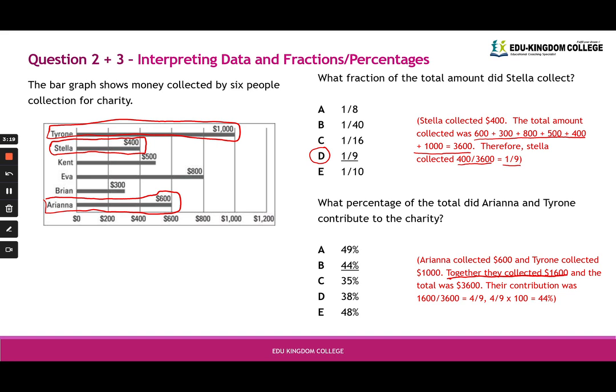With the previous question, we calculated that the total was 3,600. So we do 1,600 divided by 3,600, which gives us 4/9. And 4/9 is 0.44 repeating. We multiply that by 100 to give us approximately 44%. And so the answer to this question is B.